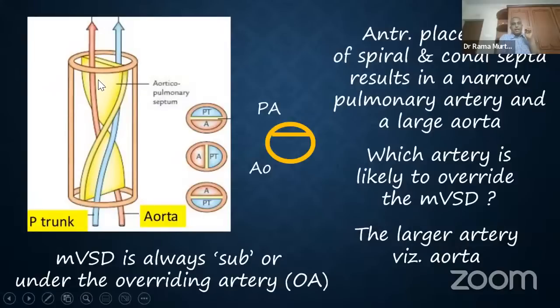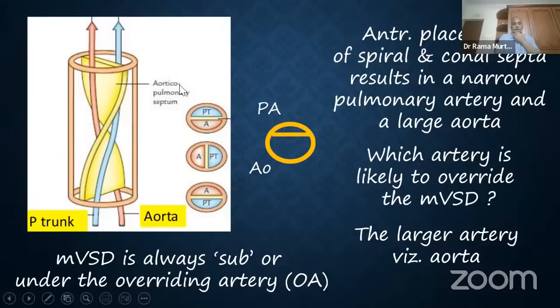So it is spiral, and because it is spiral, ultimately it results in the great arterial crisscross. If the septum is not spiral, and if it is just straight, you will have parallel arteries. You will not have the crisscross. So that is basically what the septum does in the area of the conotruncus, right?